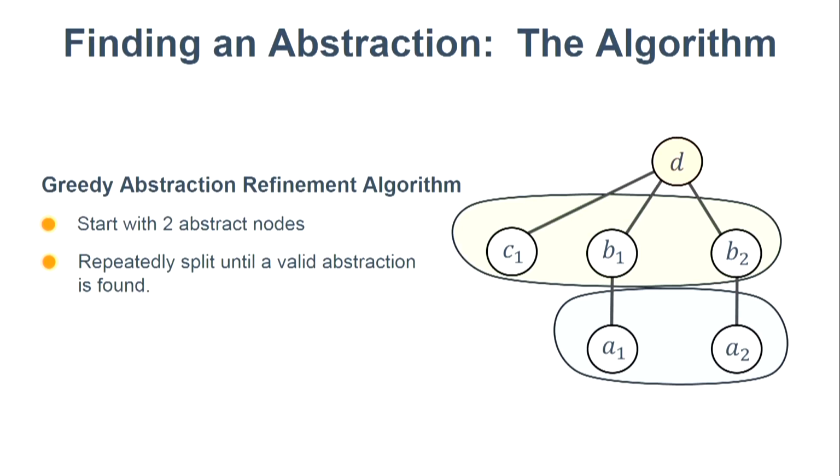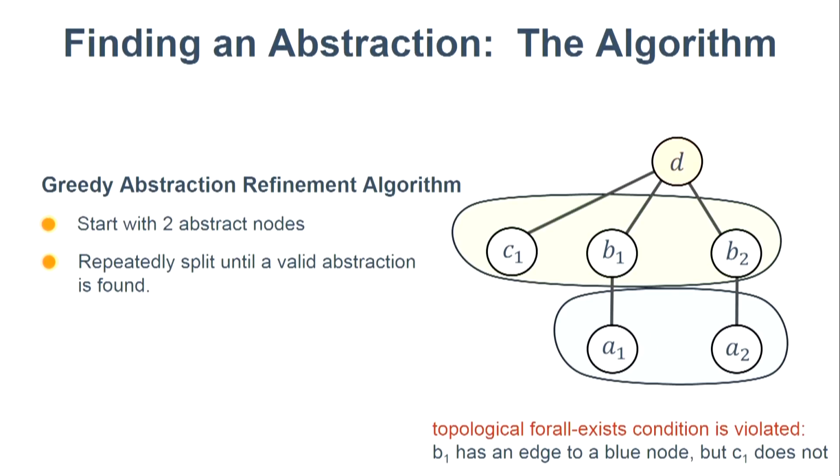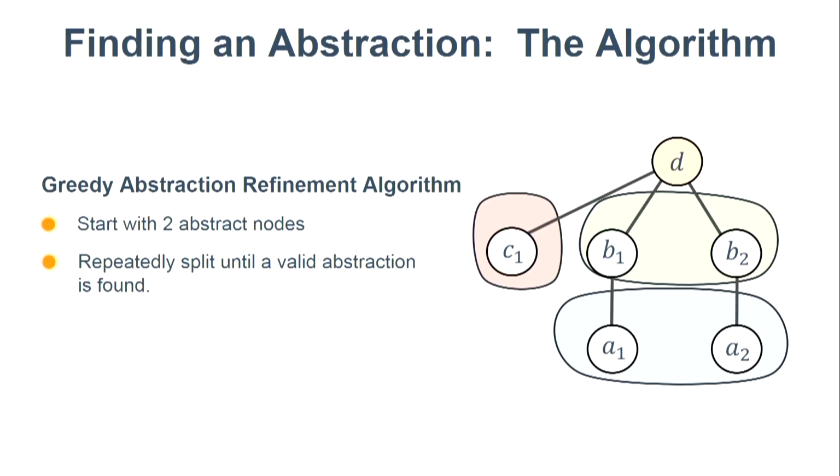So once again, the for all exists condition fails, and we need to again subdivide the green partition. Once we do that, now we have four partitions. If you check all the nodes and all the partitions, you'll find they all have the same connections. And so we satisfy the requirements, and we've now discovered a correct abstraction of the original concrete network.